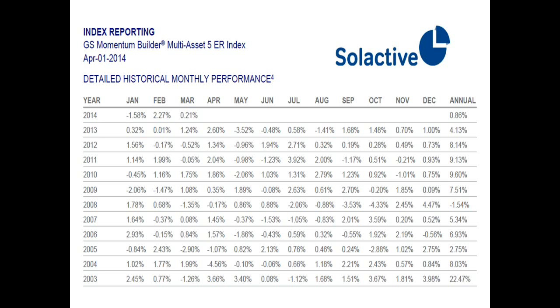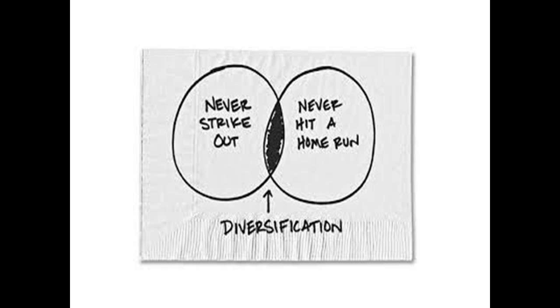Oh yeah, especially when the rest of the market was down 30, 40, and 50%. So this is a product that performs the way true asset allocation should perform. Steady, steady, steady, steady. Low volatility, positive returns on a consistent basis. It's like never striking out but never hitting a home run. That's diversification, that's asset allocation.